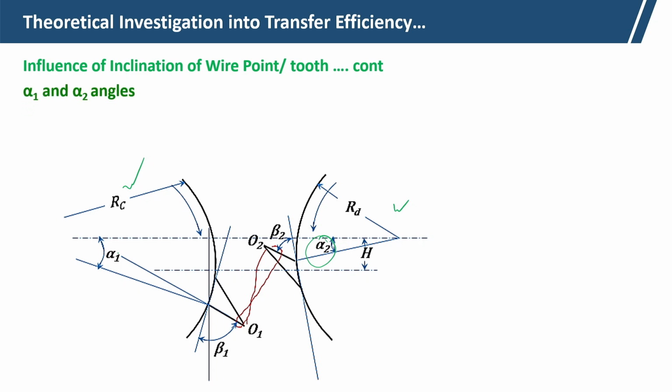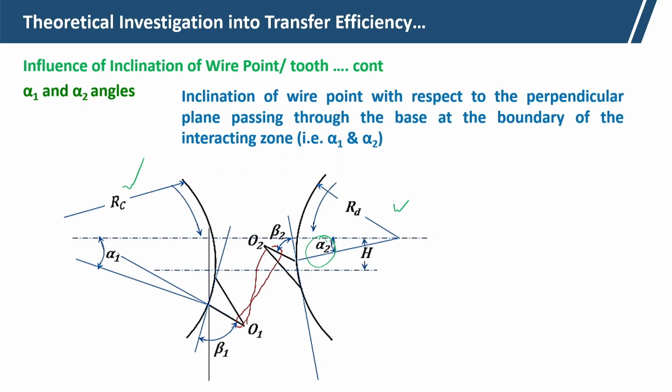So, inclination of the wire point with respect to perpendicular plane passing through the base of the boundary of the interacting zone, that is alpha 1 and alpha 2. From the diagram it is clear, and beta 1 and beta 2 as we have already discussed. This is the interacting fibers. Now, this angle is also important, because here now we are trying to discuss.